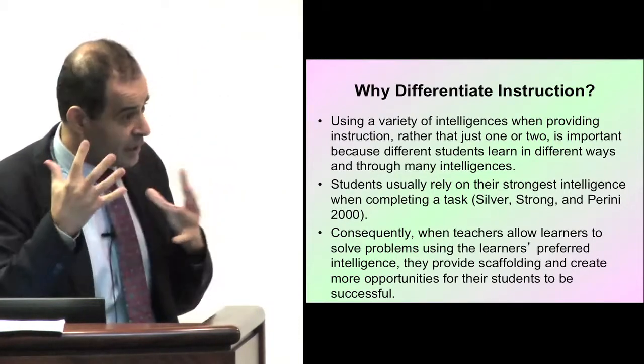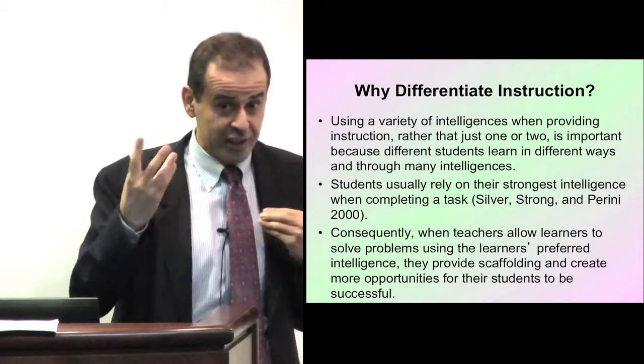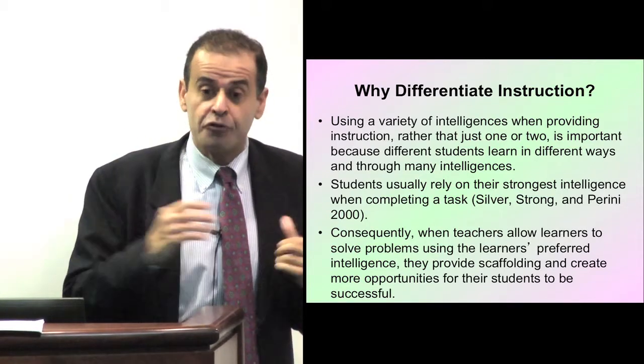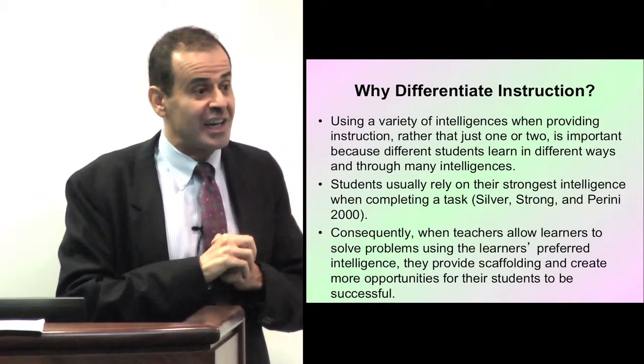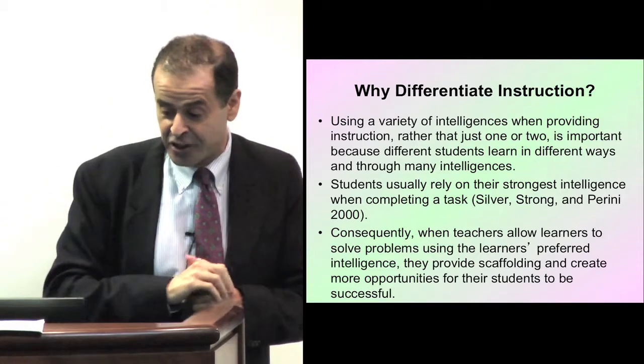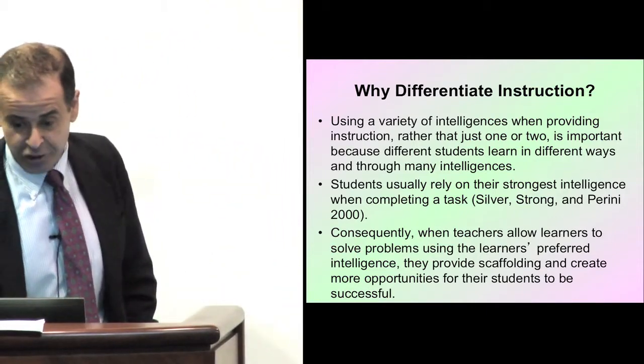So when we use the different intelligences, we often make content easier for many, many students, because if they don't see it one way, they can rely on the other intelligences to make content easier for them.